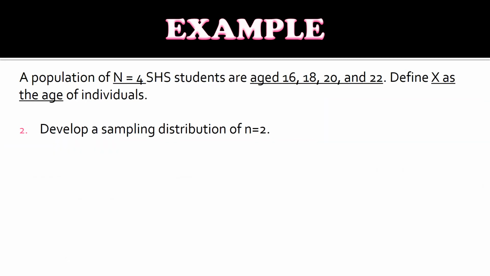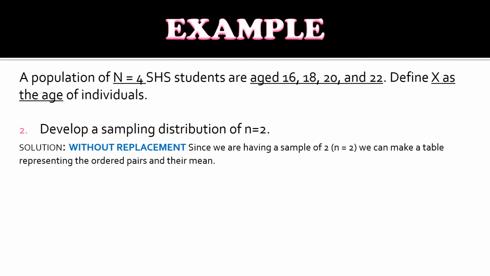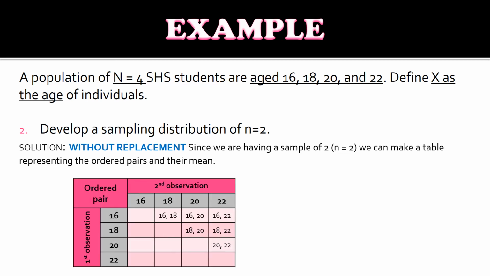So next, we compute without replacement. Since we're still having a sample of 2, we can still make the table for the ordered pairs and their mean. Here's how it looks. We cannot have 16 and 16 since this is without replacement, meaning that two numbers cannot be repeated.